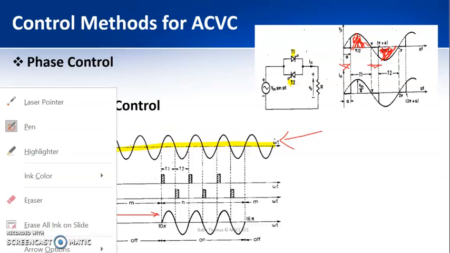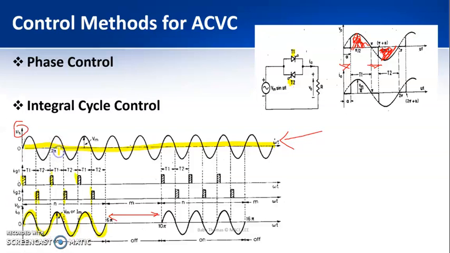After that period is over, thyristors T1 and T2 are fired again, and the output voltage will appear across the load. So for a certain period of time, the voltage applied to the load is made 0. With that, you are able to control the load under question.